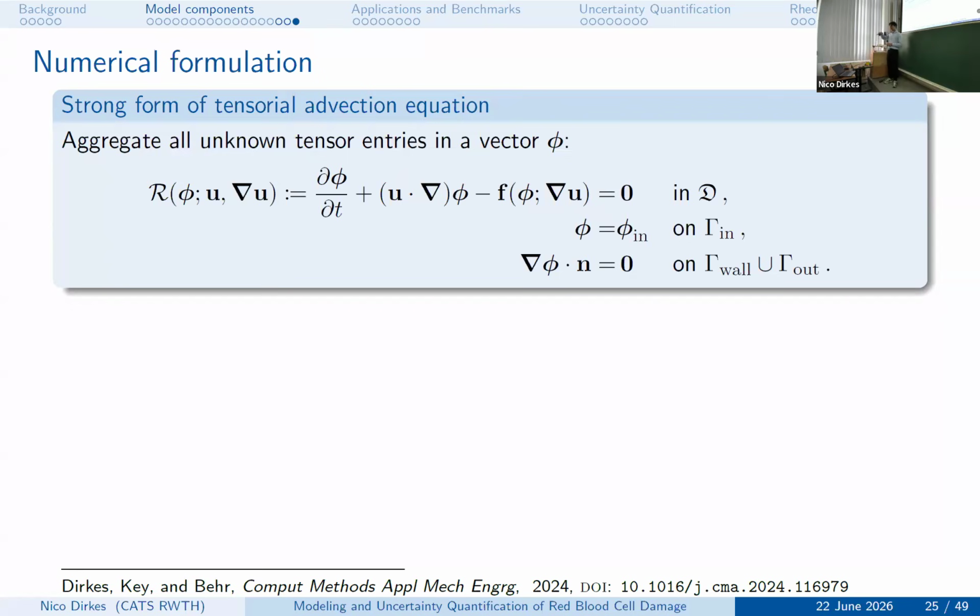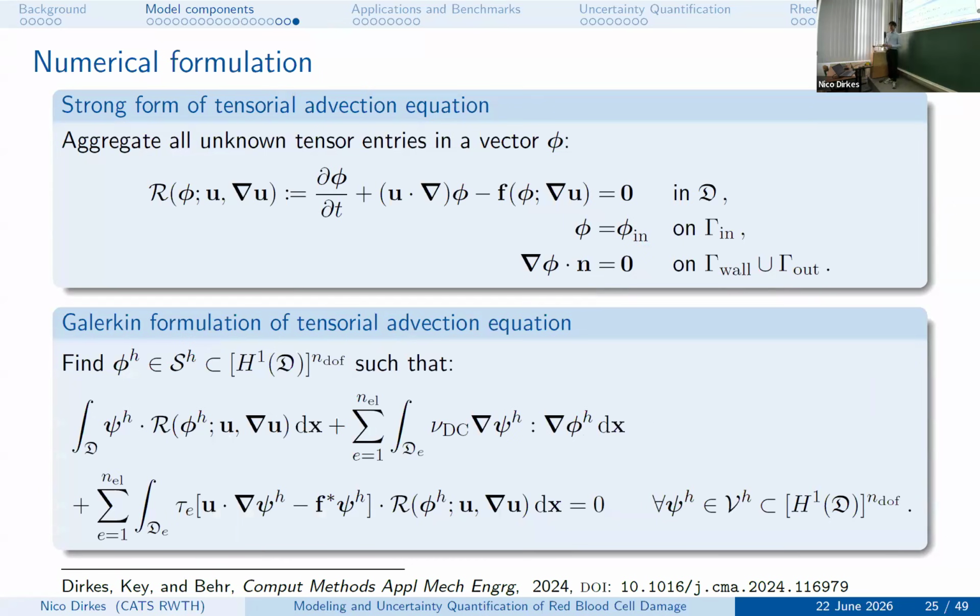And we aggregate them all into one vector phi, which contains these components. And then this is essentially an advection equation for this vector phi. And the source term f here then couples the different entries of this vector to each other. We have some Dirichlet condition at the inlet, and we have Neumann conditions on the walls and on the outlet.